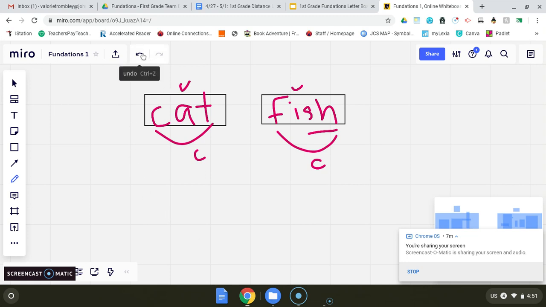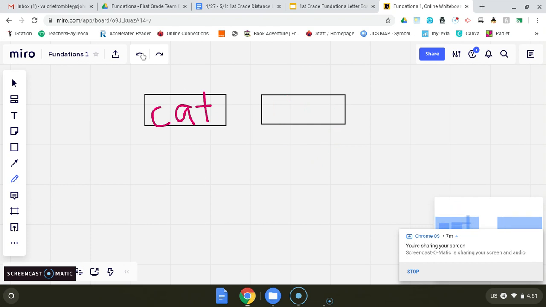I have two trick words. We do not need our syllable frames for that. I'd like for you to write where on your paper. Where. And our second trick word is what. What. Where.